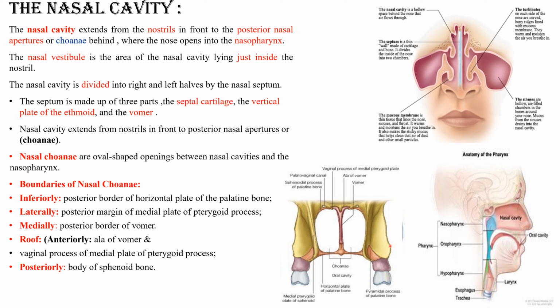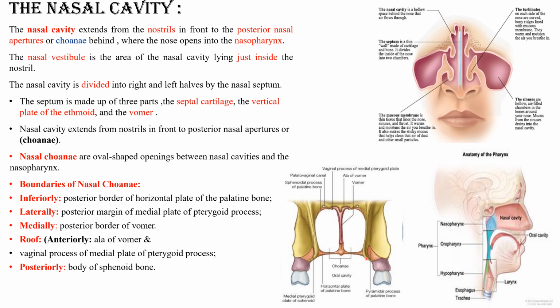The boundaries of the choanae, the posterior orifice: inferiorly, the horizontal plate of the palatine bone, if you look here. Laterally, the posterior margin of the medial pterygoid plate. This is here, the medial pterygoid plate.